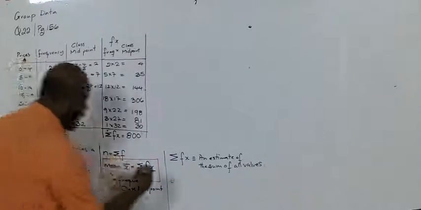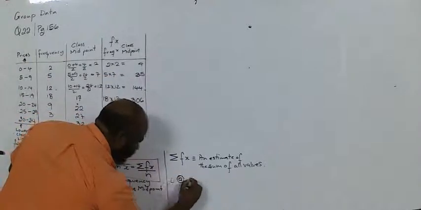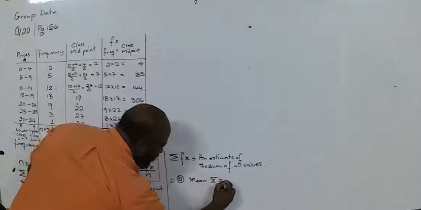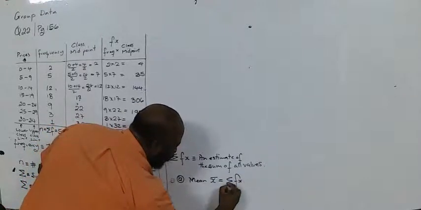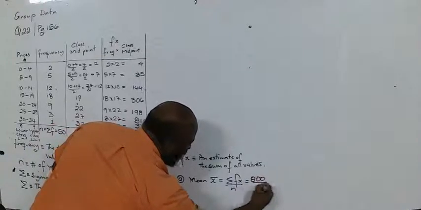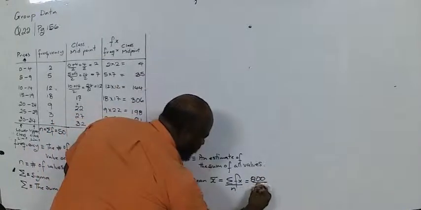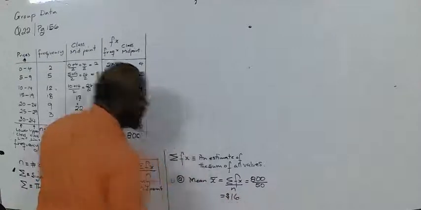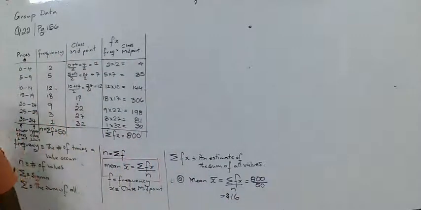Alright, so this is A. The mean x bar is the sum of fx over n, which is equal to 800 divided by 50. The mean price for lunch is $16. The average price for lunch is $16.